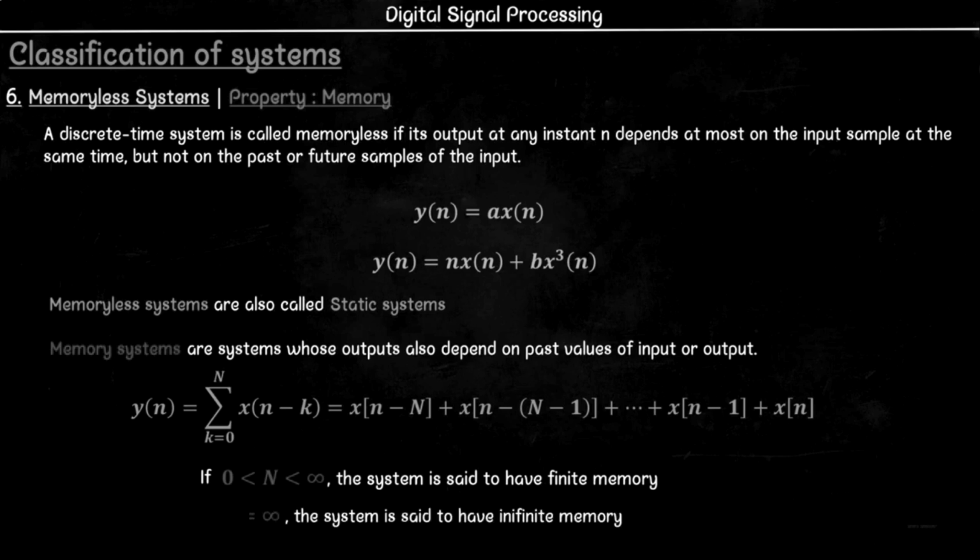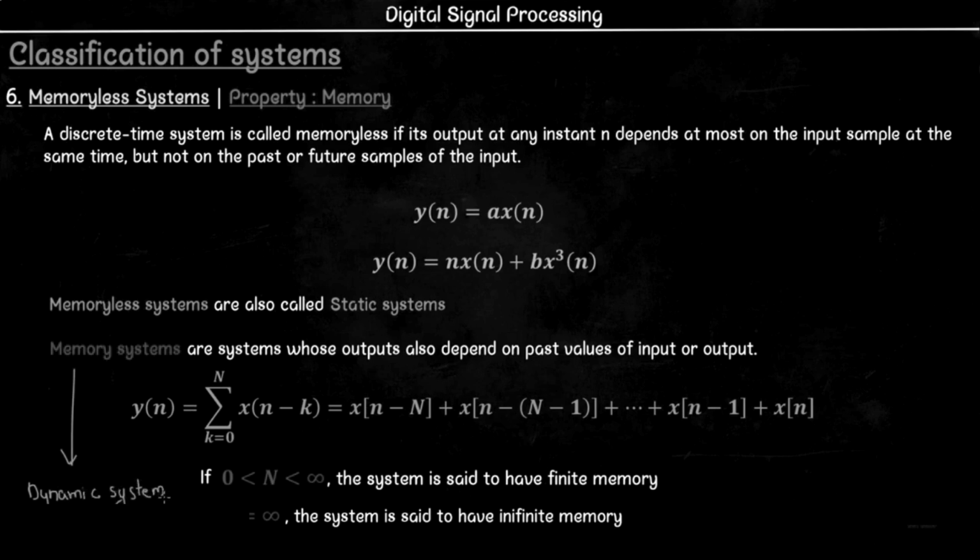However, if capital N extends all the way to infinity, then the system is said to have infinite memory. Now, another term for a system with memory is dynamic system.